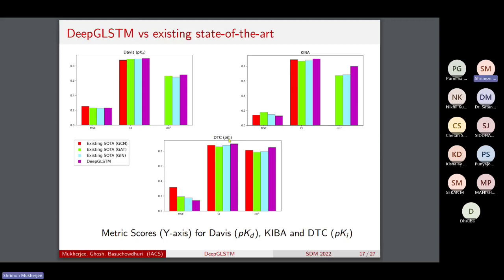And from DTC there is another metric called PKI, where KI is the kinase inhibition constant, and if we apply log on that, we get the PKI. Here we take the existing SOTA, that is GCN, GAT, GIN, and another is DeepGLSTM. From this figure we see that our model performs well on the Davis datasets, also KIBA, and also DTC. That is the full form of DTC, drug target commons.